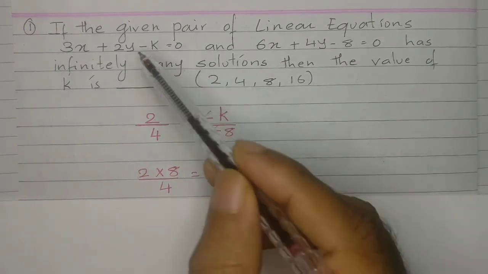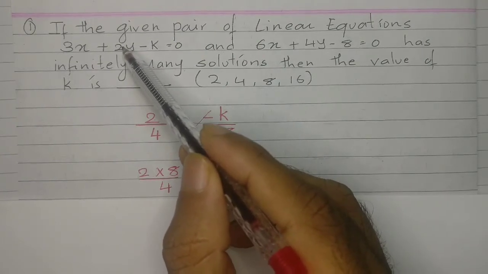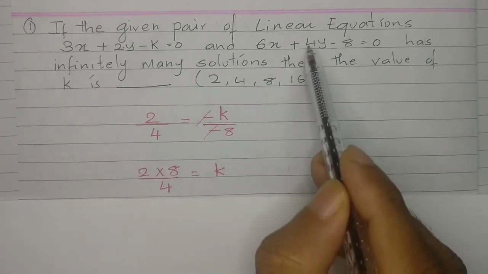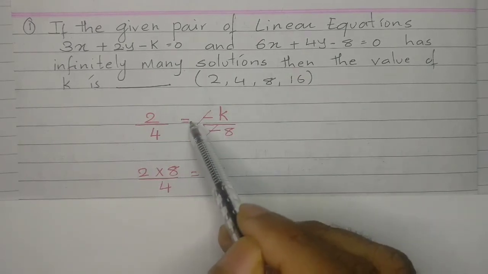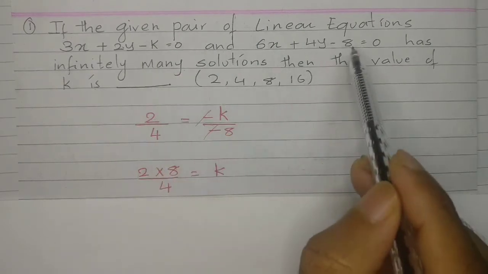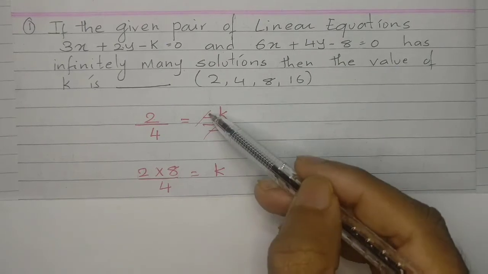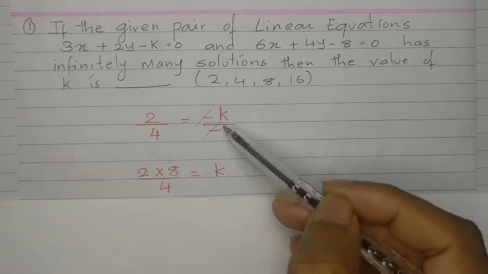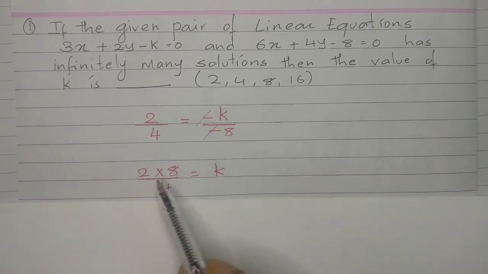So I have taken 2 upon 4, that is b1 upon b2, equal to c1, which is minus k, upon c2, which is minus 8. Negative and negative gets cancelled. What remains is this 8 is taken on the other side, so 2 multiplied by 8 upon 4.